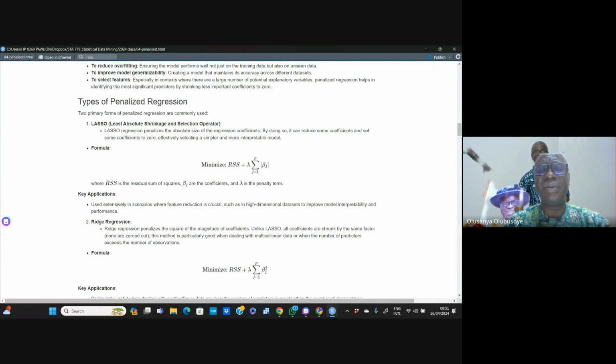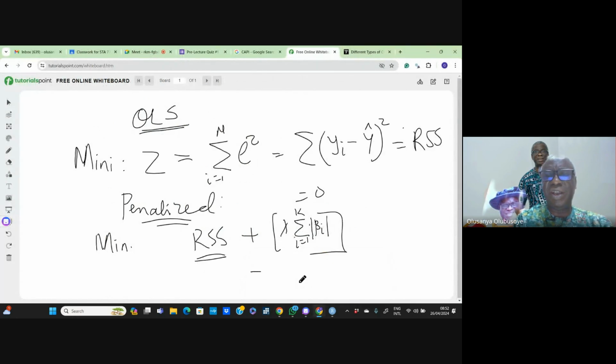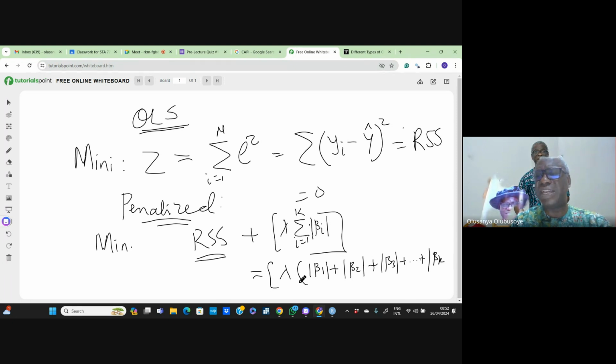If this value equals 0, you will notice that the entire thing here will become 0, because what you see in that bracket you can expand as lambda times the absolute value of beta 1 plus absolute value of beta 2 plus absolute value of beta 3 plus ... plus absolute value of beta k.